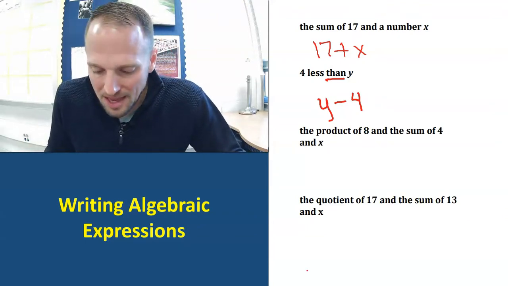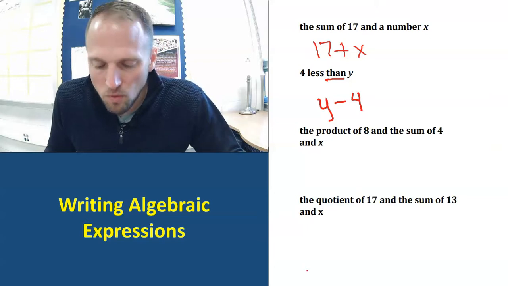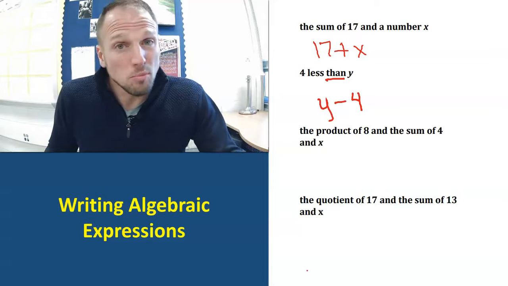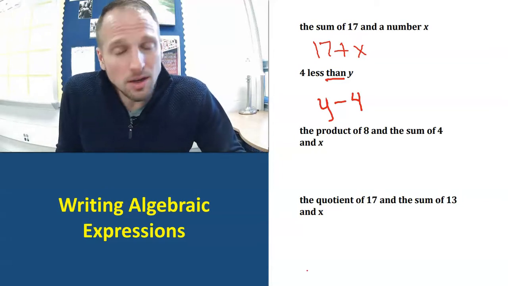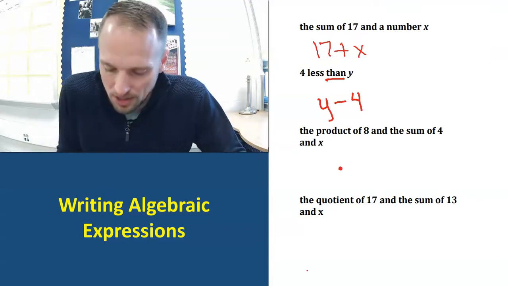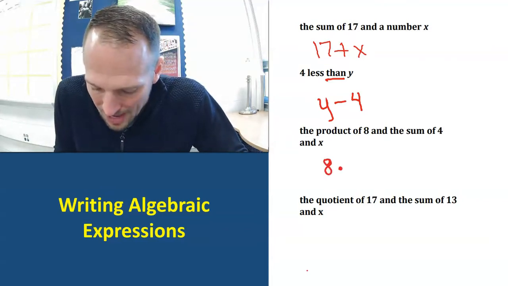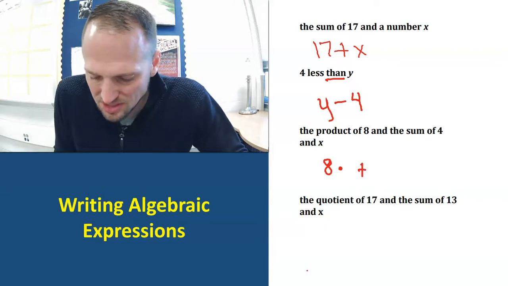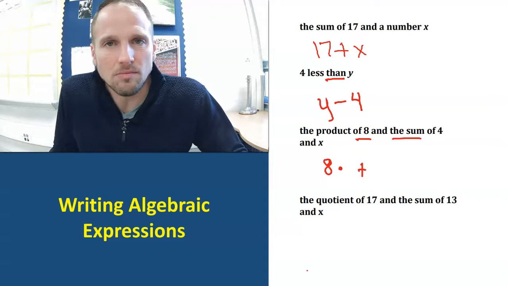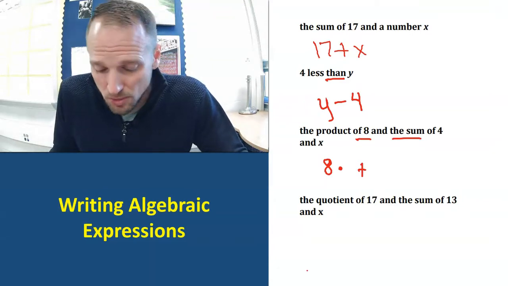The product of 8 and the sum of 4 and x. Hold on. Pay attention to this one, okay? Product means multiply. So what are the two things we're going to multiply? We're going to multiply 8 and a sum. The product of 8 and the sum. Sum means plus, so that's why I put the plus there.